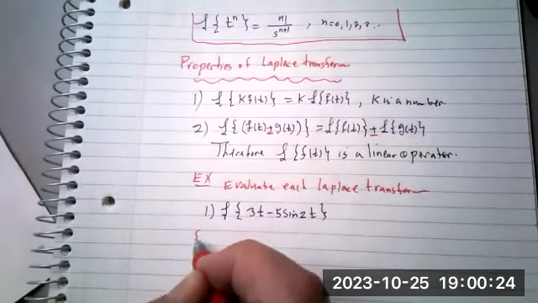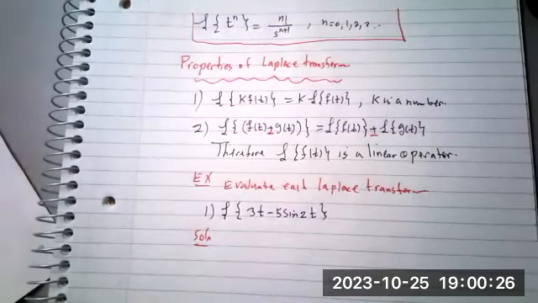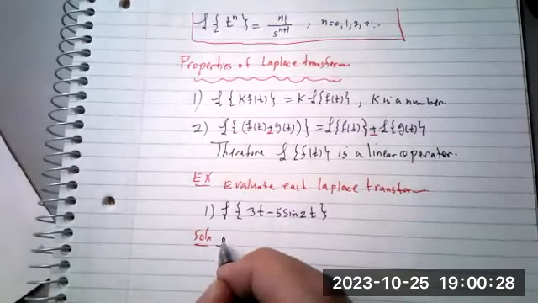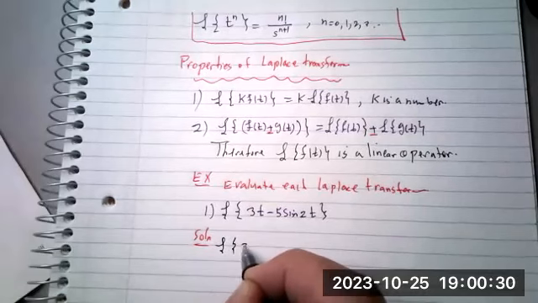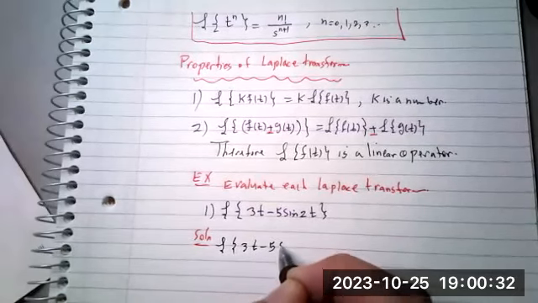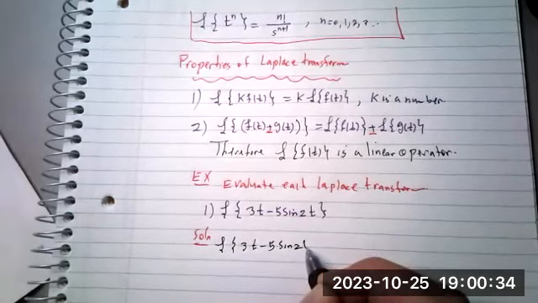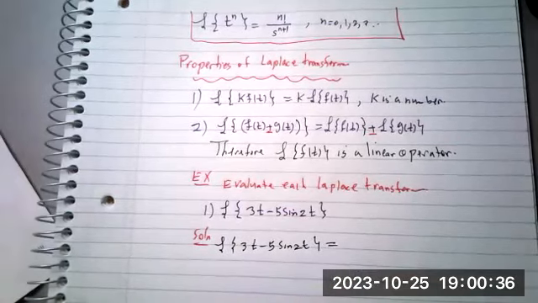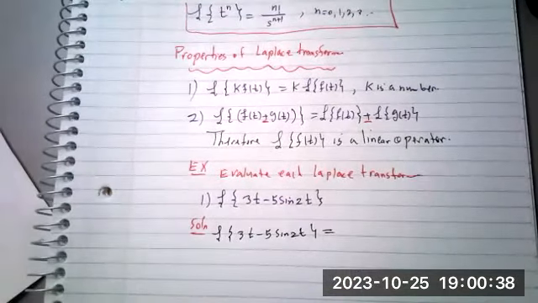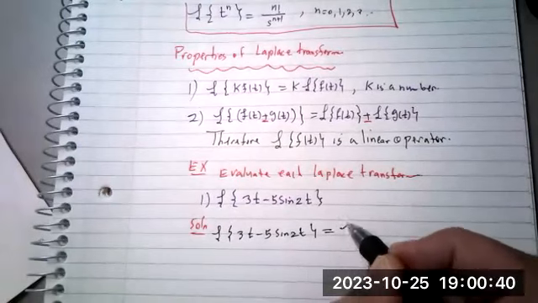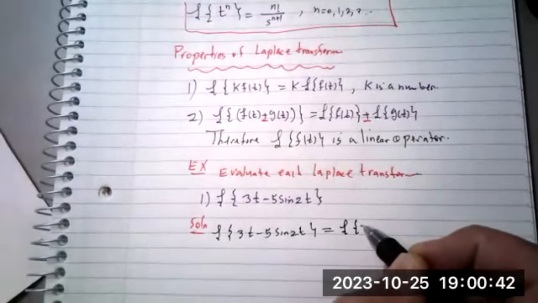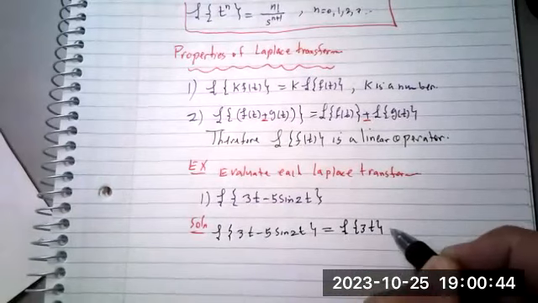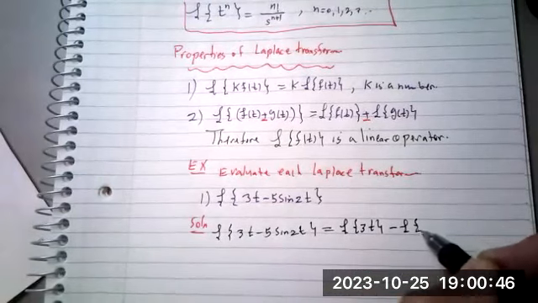Solution. The solution is to distribute: the Laplace of 3t minus 5 sine of 2t is going to be equal to, okay, you can do it right away, but I just do it in 2 steps so that you see it. It's going to be the Laplace of the first one minus the Laplace of the second one.